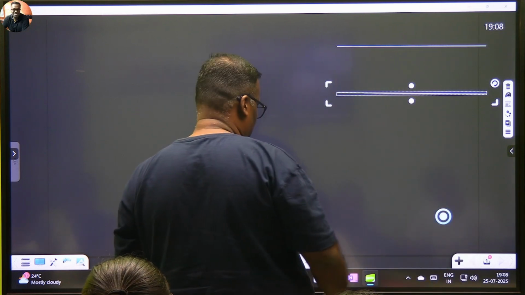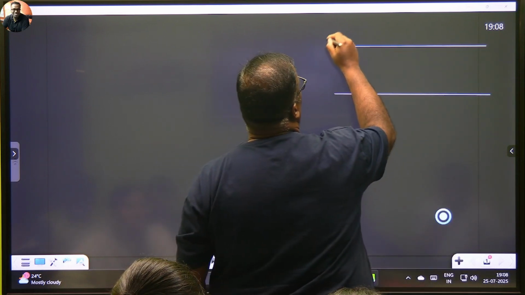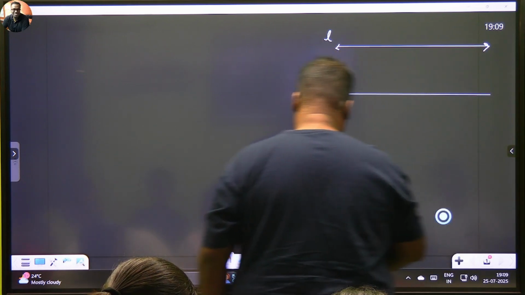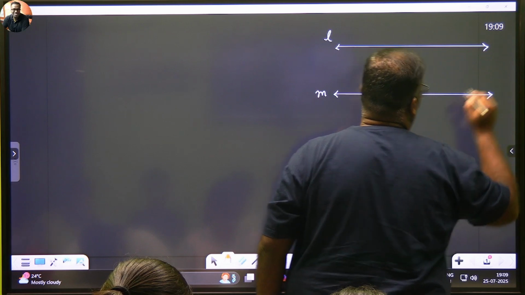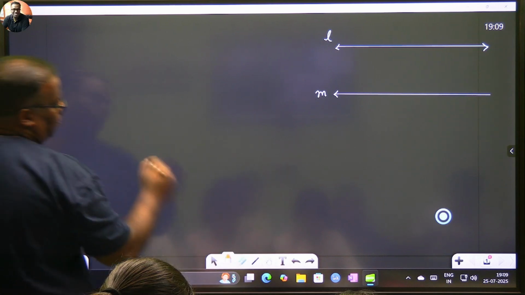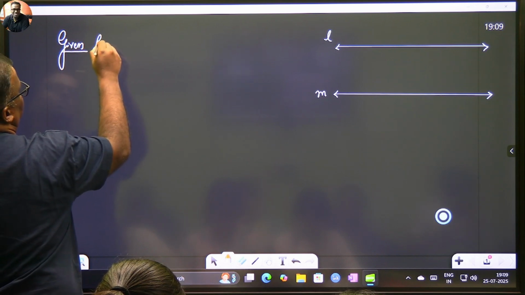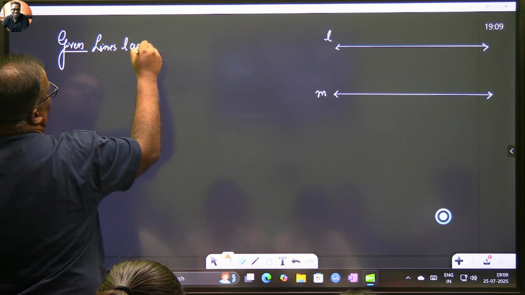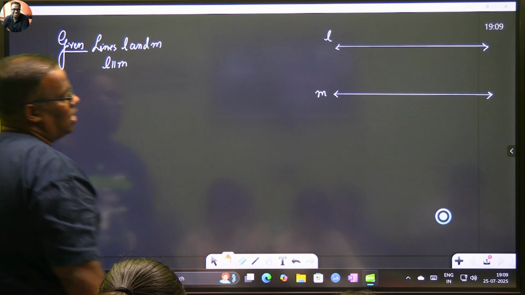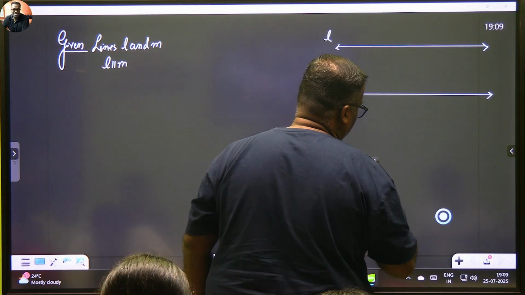Given two parallel lines, let's name the lines L and M. Given two lines L and M, L is parallel to M. So we are given lines L and M such that L is parallel to M, and we have another line, or maybe a segment, or it can be a ray also.